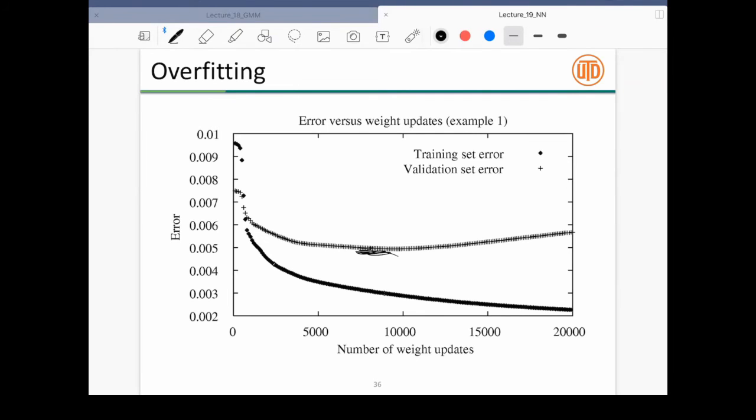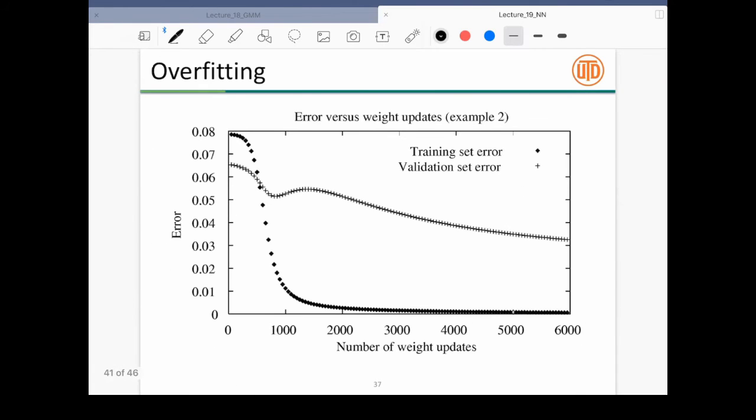One common strategy that is used in deep learning is to look at the validation set error, right? So every epoch you compute the validation error, and make sure that the validation error does not go up after a point. If it goes up, then we want to stop training at that point. So this is a common trick that is used.